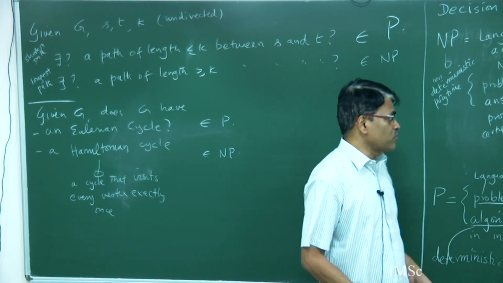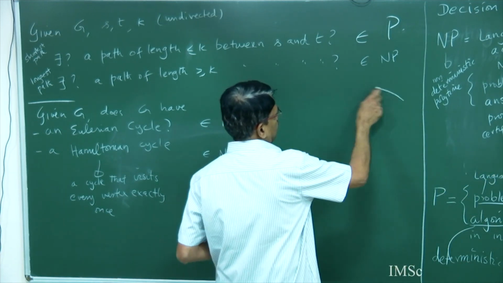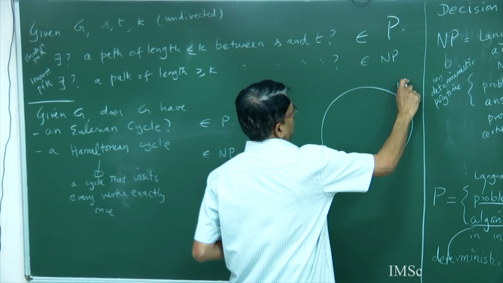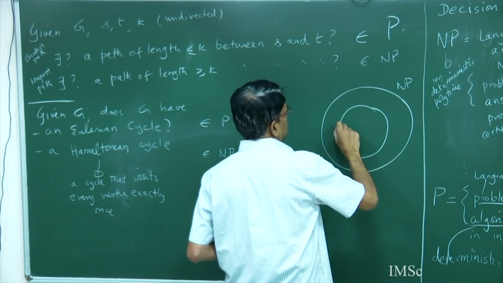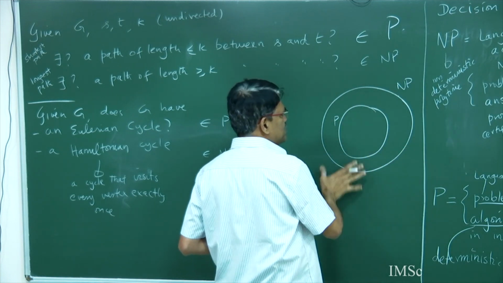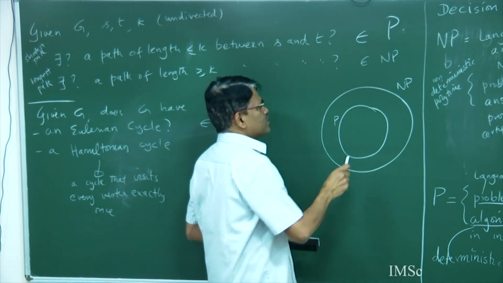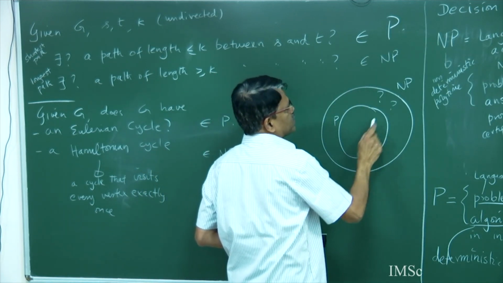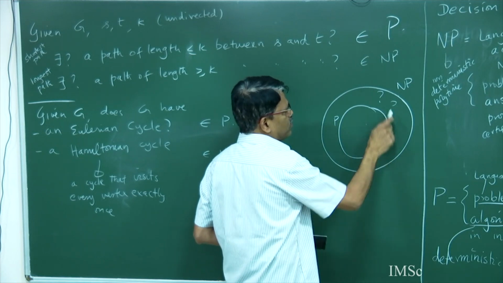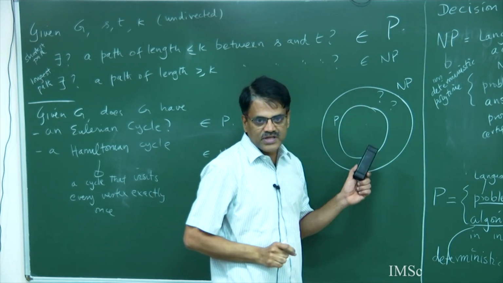P is contained in NP. So, NP is a big thing, right. In the Venn diagram, P is sitting here. So, NP contains efficiently solvable problems also, but the question is, are there problems here? Is this portion non-empty?